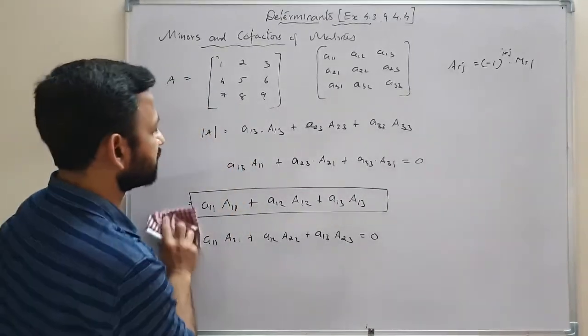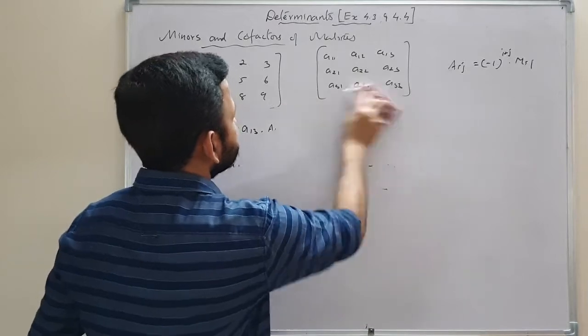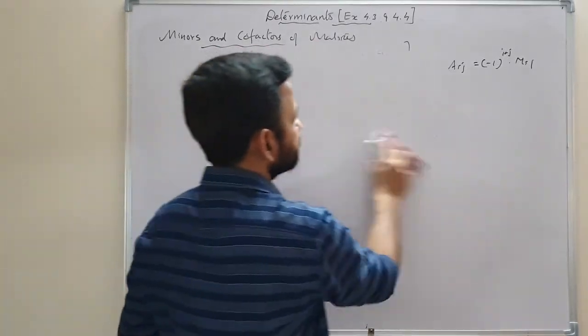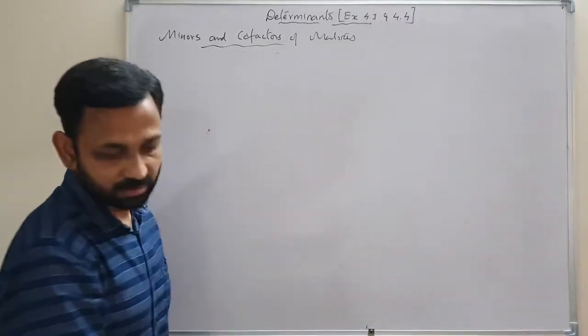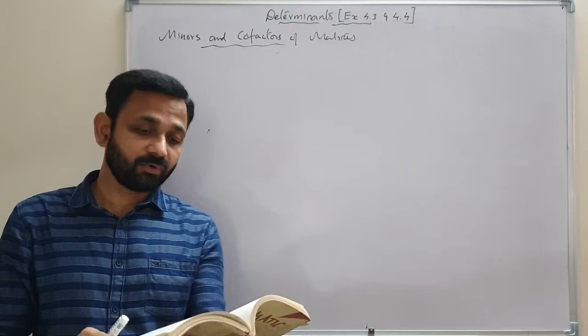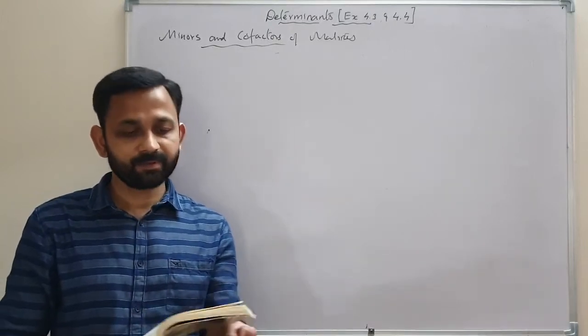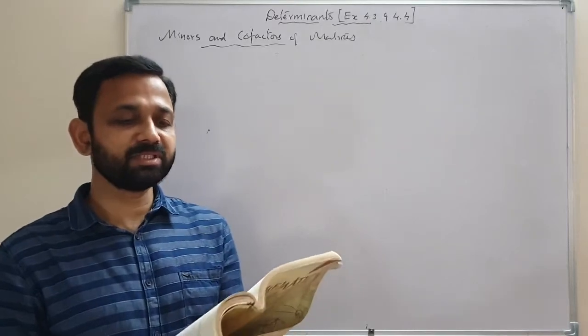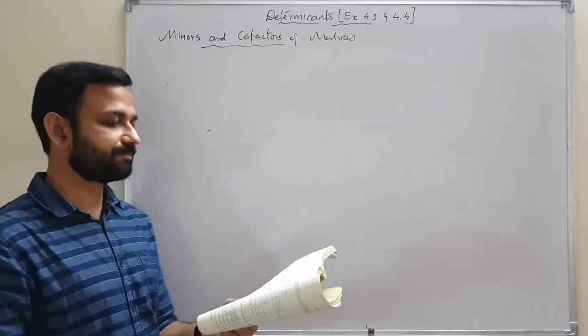Now we can do some questions from exercise 4.4. Write the minor and cofactors of the elements of the following determinants.